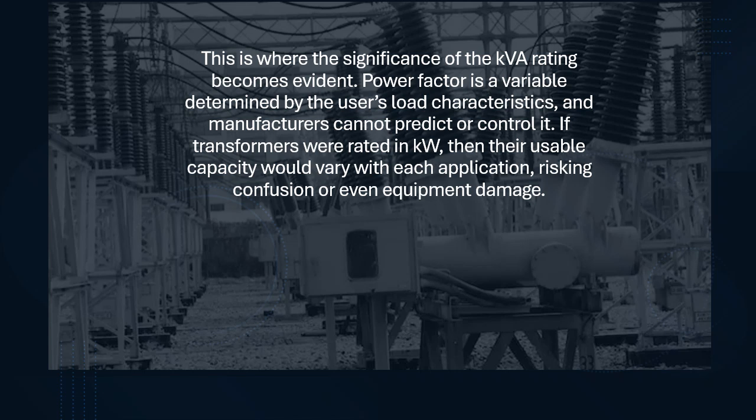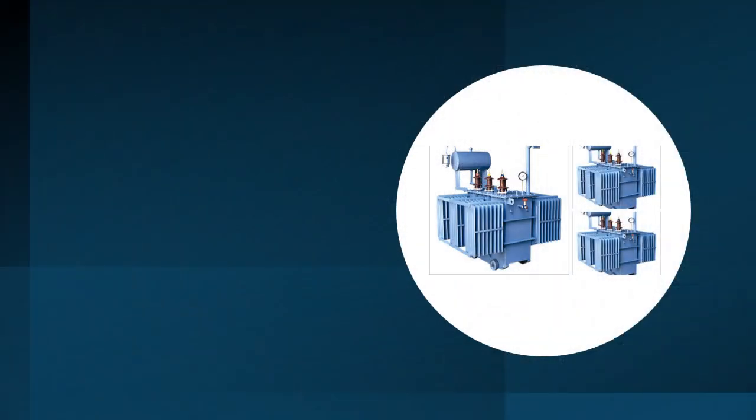Power factor is a variable determined by the user's load characteristics, and manufacturers cannot predict or control it. If transformers were rated in kW, then their usable capacity would vary with each application, risking confusion or even equipment damage. Consider this example.